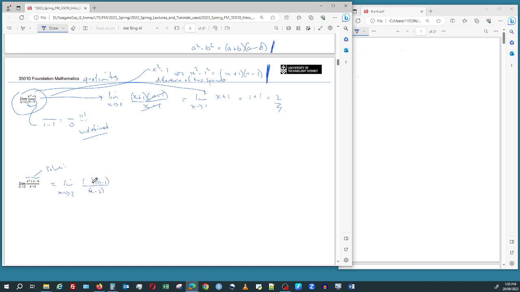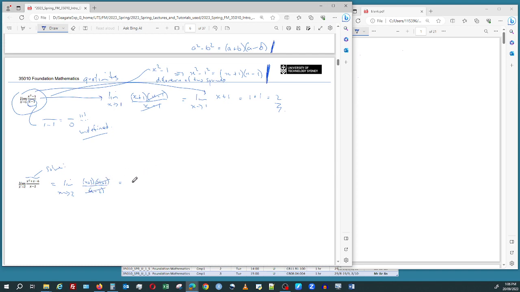So what would go in here? X what? X times x is x squared. The last term would have to be plus 3. So x squared minus 2x plus 3x is a plus x, tick, and plus 3 times minus 2 is minus 6, so that's correct. Now, of course, what's happened is this is now the mechanics of doing this.